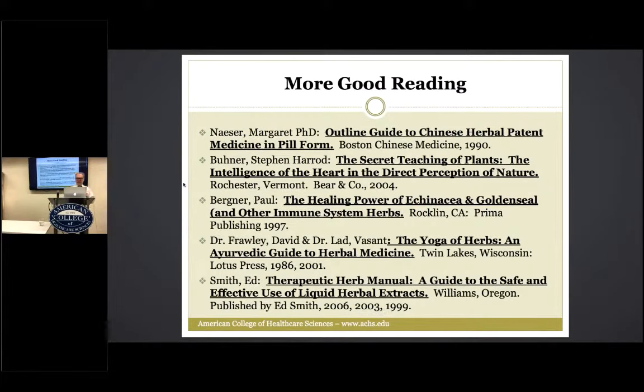There's some more good books. One that really blew me away is The Secret Teaching of Plants, The Intelligence of the Heart and the Direct Perception of Nature. When anthropologists went out and were interviewing indigenous peoples, they would say, how do you know what these herbs do?